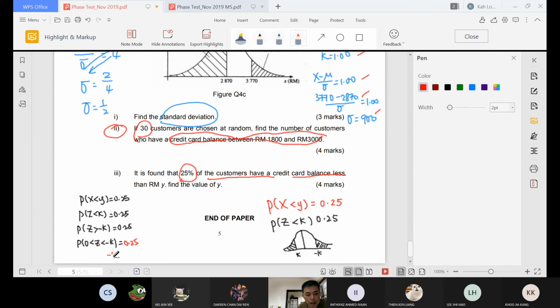Then you find the corresponding z-score for 0.25. Kelvin, you read for me 0.25. 0.67. 6.7 or 6.8? 6.7.